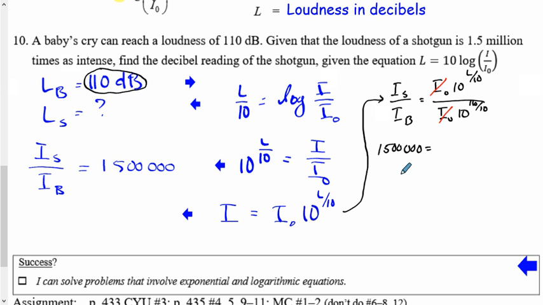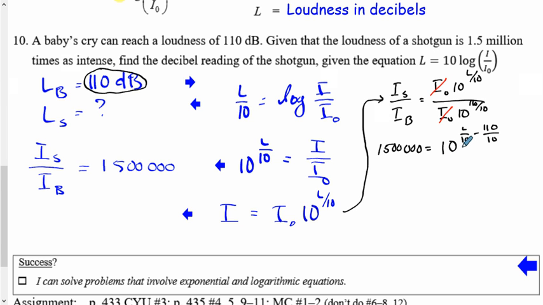And I have these powers of 10 that are being divided. So right away, I'm just going to subtract the exponents. So I have an L over 10 minus 110 over 10. Now I could have reduced this, but because I already have a common denominator, I kind of like that. So I'm going to think of that all as one expression in a moment. Let's change this into logarithmic form again.